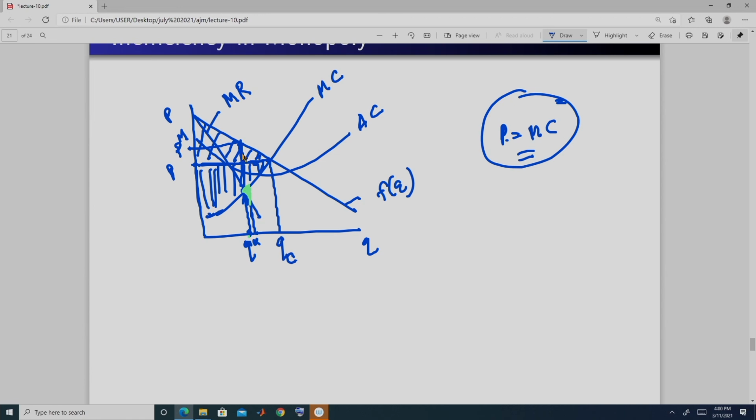So this additional surplus, we are not taking the benefit of that, we are not generating this here. This is the amount of surplus we are foregoing. So in this case, this triangle is what is called the deadweight loss.